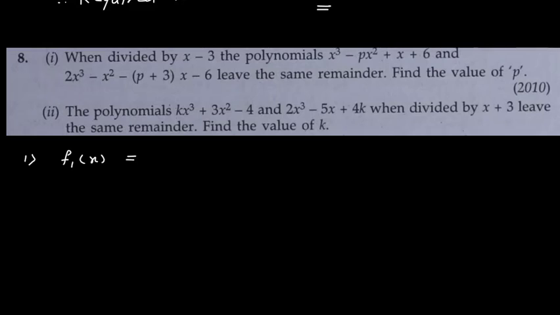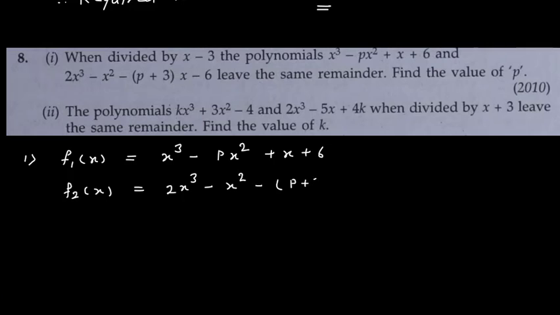We have two polynomials, so f1x is x cube minus px square plus x plus 6. This is f1x. f2x is 2x cube minus x square minus p plus 3x minus 6, and the divisor is x minus 3.